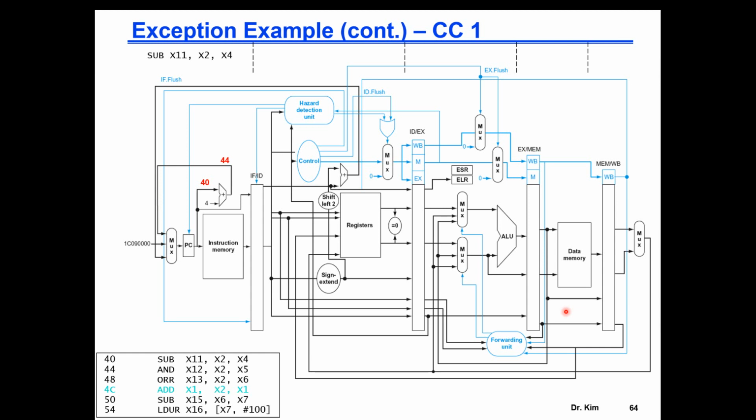So let's look at that sequence in our pipeline diagram here. The first instruction was a subtract, so that is being fetched. It moves to the next stage, and we fetch the second instruction, the AND. Now we fetch the OR, and now we fetch the ADD.